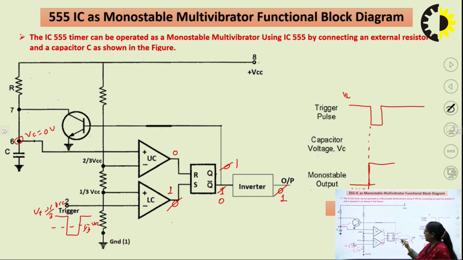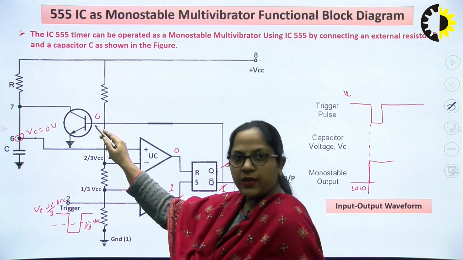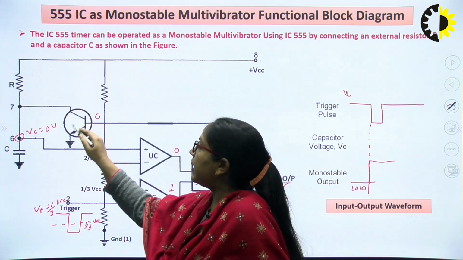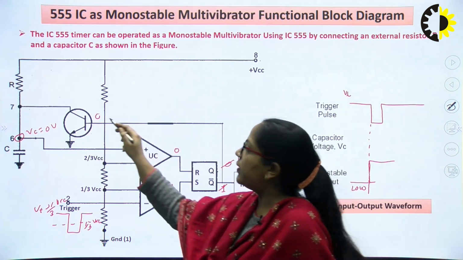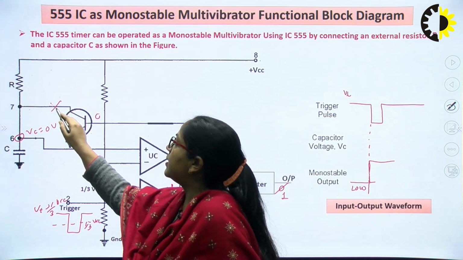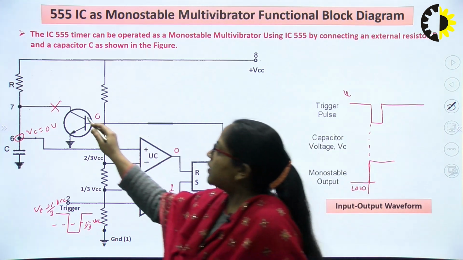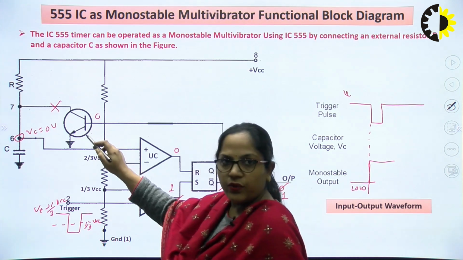Now let us observe what will happen with the upper comparator. Q bar now becomes 0. This 0 is going to the base of this transistor. When 0 occurs at the base of the transistor, the transistor will operate in cutoff mode and it will act like an open circuit. So when the transistor is an open circuit, the path from the power supply to the ground will be broken.